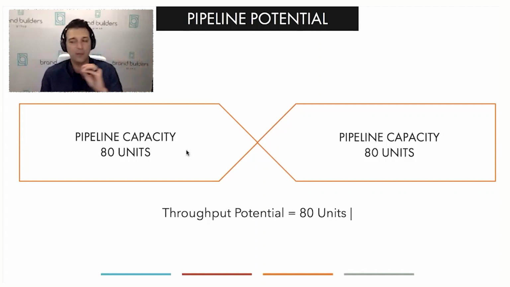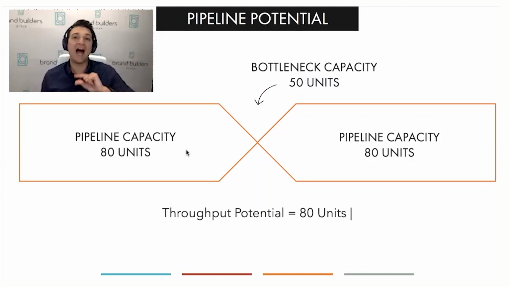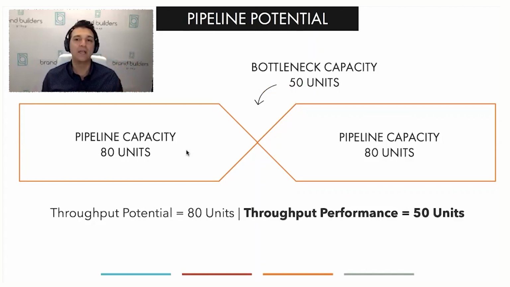So the throughput potential of the pipeline is 80 units. But if the bottleneck capacity is only 50 units, then that affects the entire pipeline. Even though the throughput potential is 80 units, because the bottleneck capacity is only 50 units, the performance of the entire pipeline is 50 units.